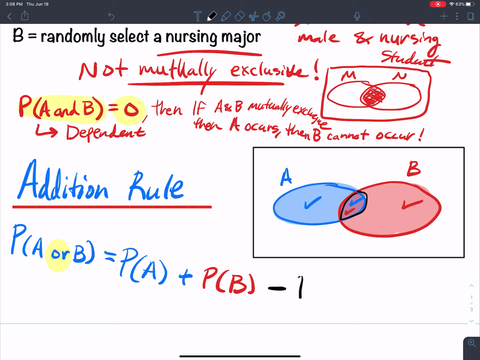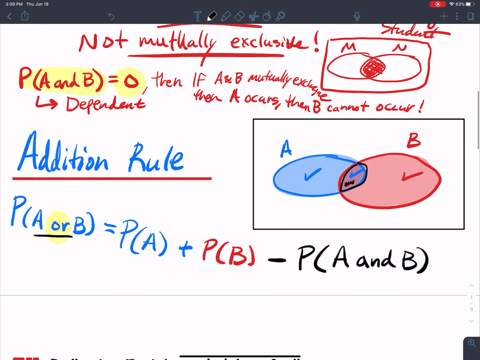I need to subtract out one of those check marks: the probability of A and B, subtract it out. If I subtract that out, that check mark goes away, and now I've checked each area of the probability of A or B exactly the number of times that I need to.